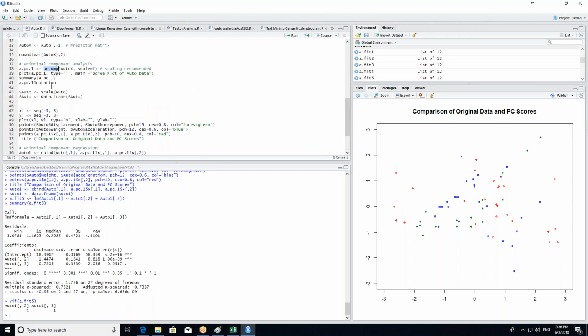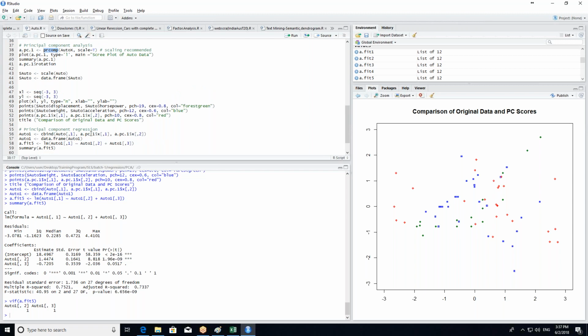Here it is giving my principal components, and from the principal components I am getting only PC1 and PC2. You see here, I'm not interested in 3, 4, 5 because they are not making much sense, because with two principal components I am getting almost 92%, and I am happy with the 92%. I don't need more.